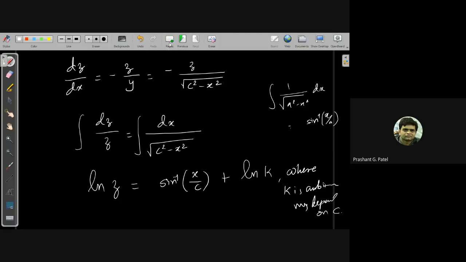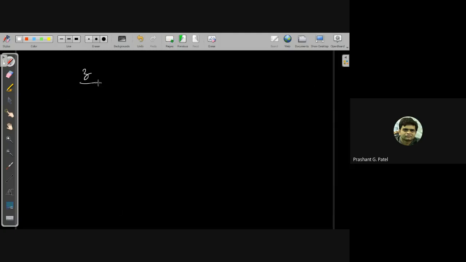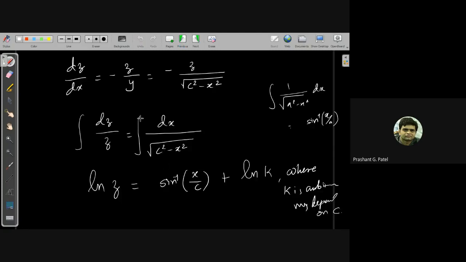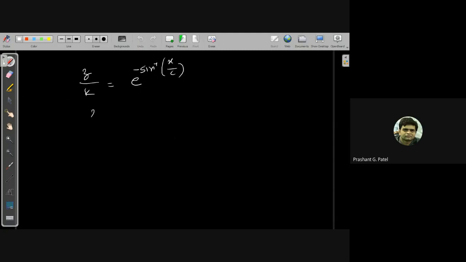So this gives me z by k is equal to e power sine inverse of minus x by c. This minus is already there. So z is equal to k into e power minus sine inverse of x by c.